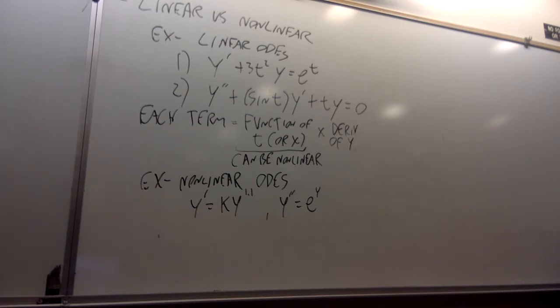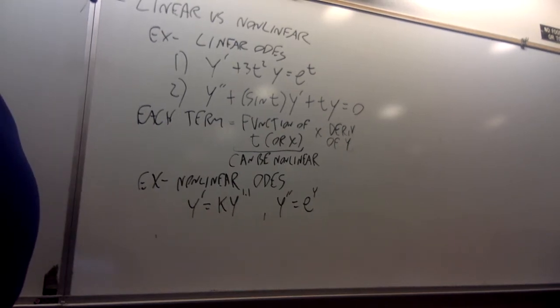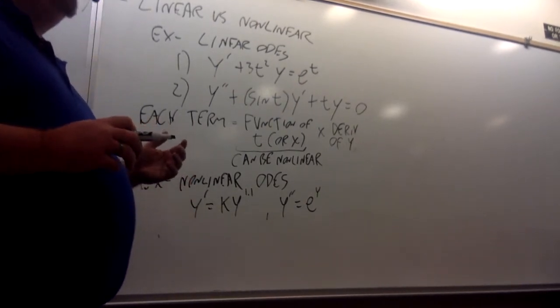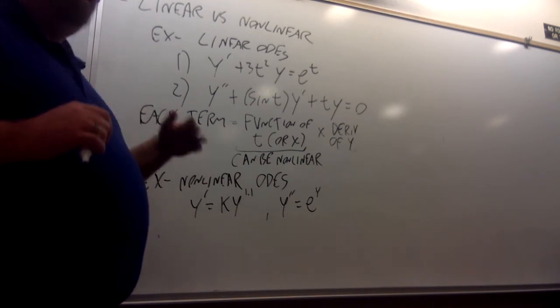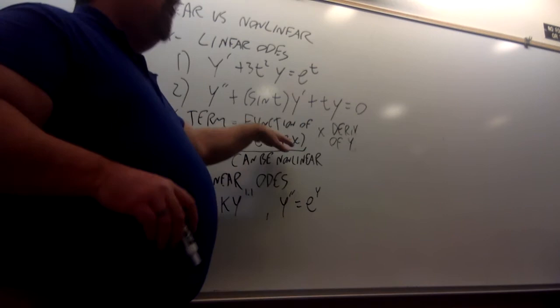Yes, so it's effectively nonlinear is very similar to linear in that each term is a function of t or x just multiplied by a nonlinear derivative of y. There are more possibilities than that. For example, for linear, whatever function you have multiplying a derivative can only depend on x or t.